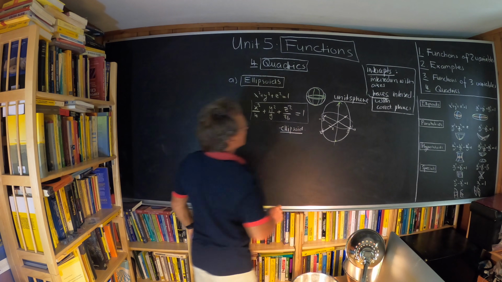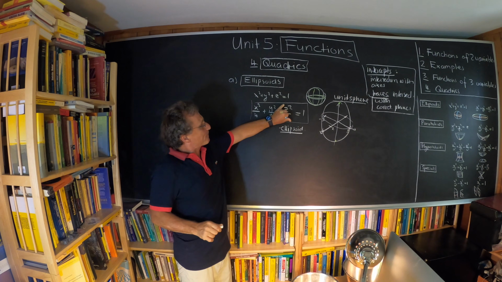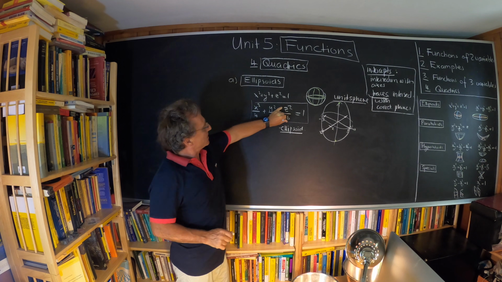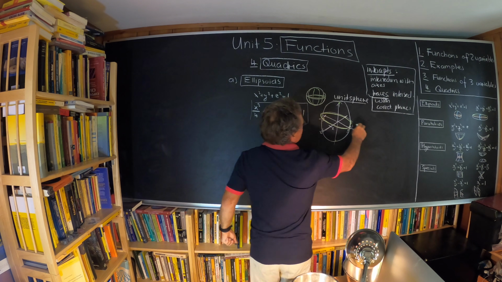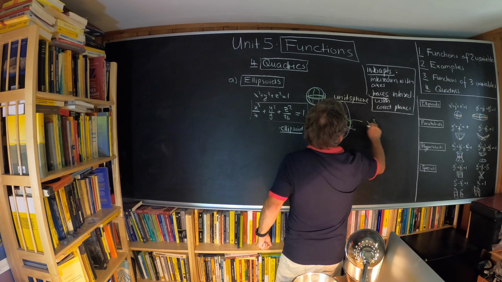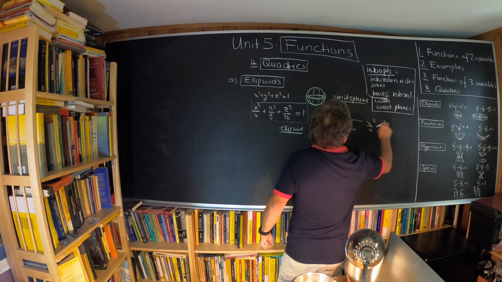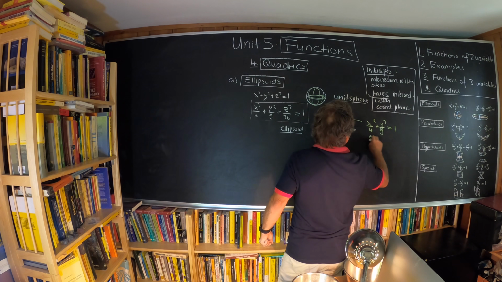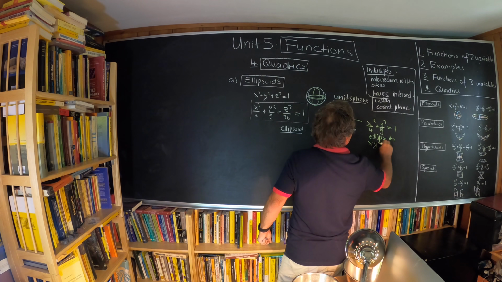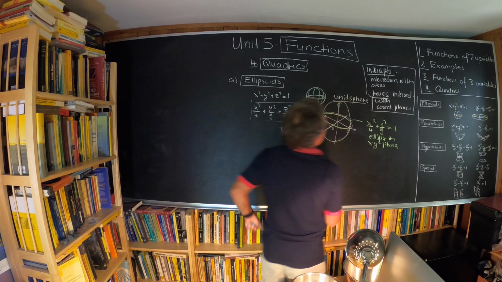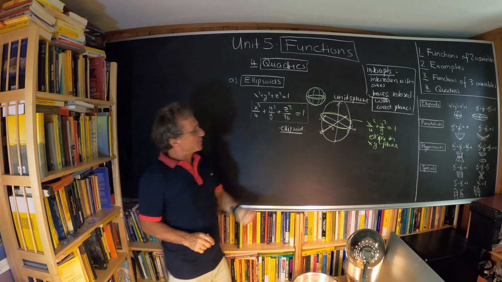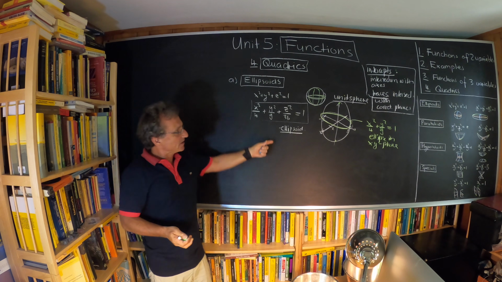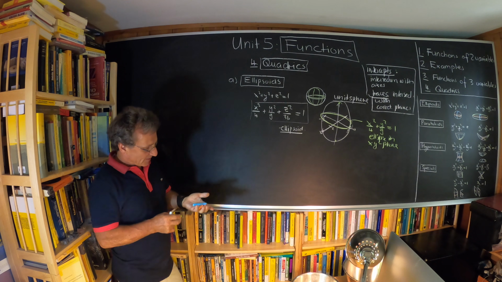And if you look at the traces, for example, if z is equal to 0, this is the trace: x squared over 4 plus y squared over 9 is equal to 1. That's an ellipse in the xy plane. Also, the other traces are ellipses. So if all the traces are ellipses, then we have an ellipsoid.